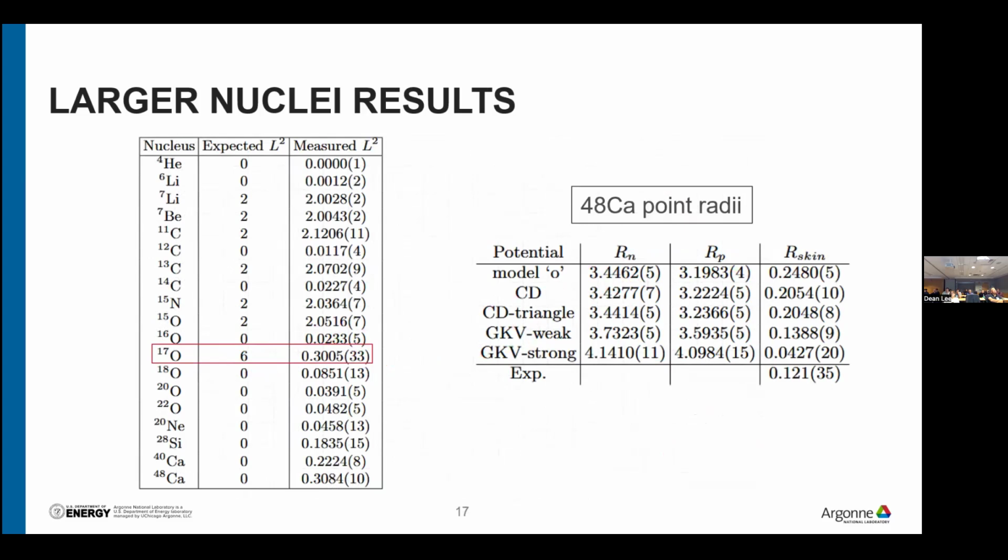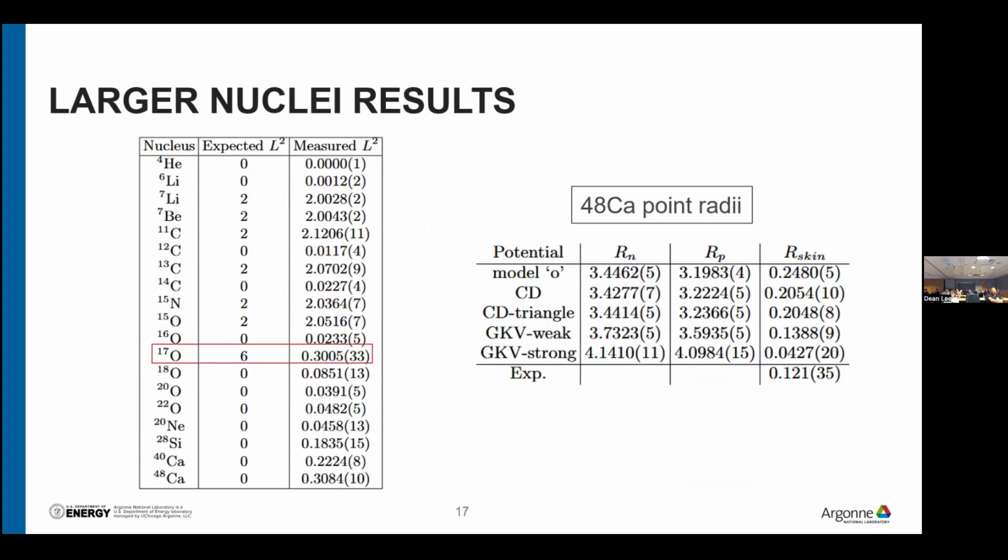Other results and a caveat of sorts, we can look at the angular momentum of these nuclei, where the expected values are in the second column and our measured values are in the last column. And most of these line up very well. We have a very big difference here though with oxygen 17.